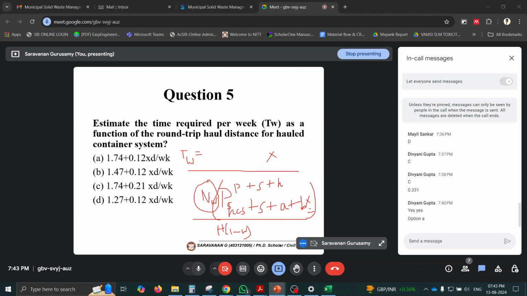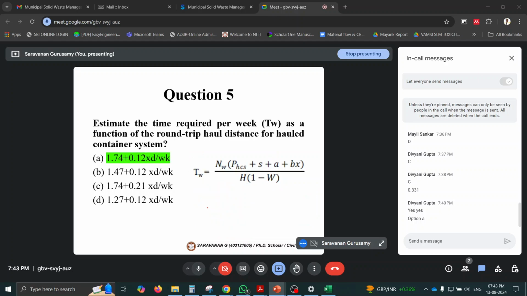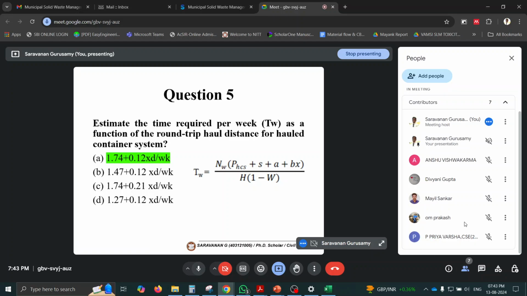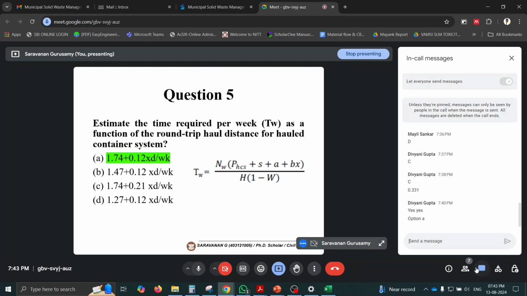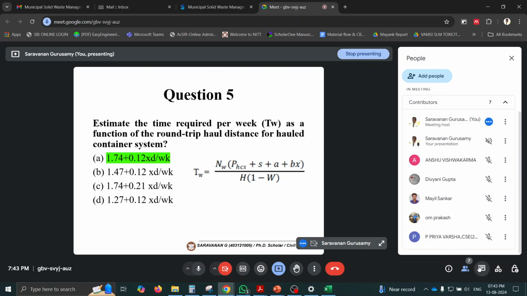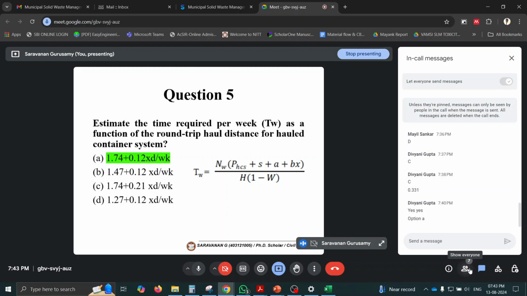That is your NW. Simple value. So if you calculate, you will get 1.74 plus 0.12x. Are you getting? Any doubts? Gupta sir, are you getting?